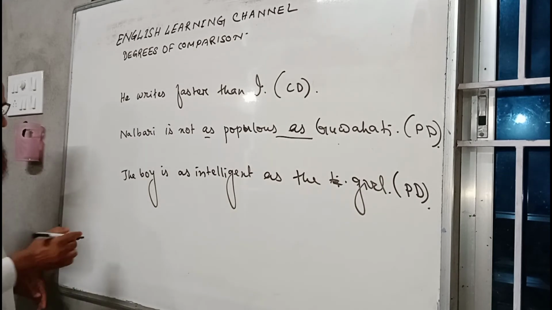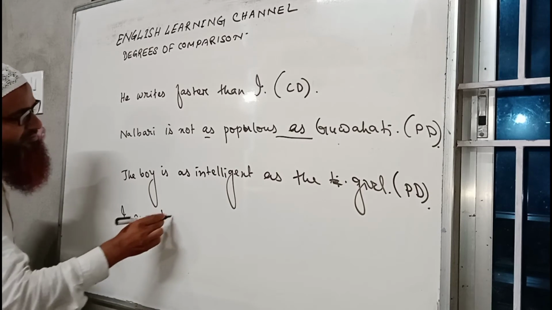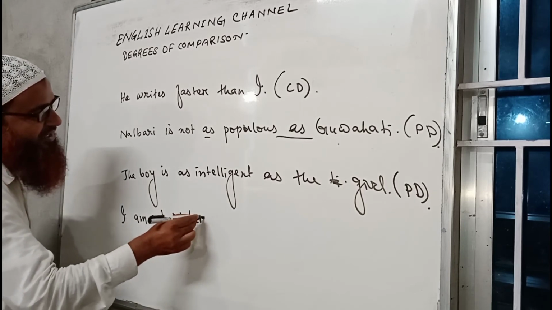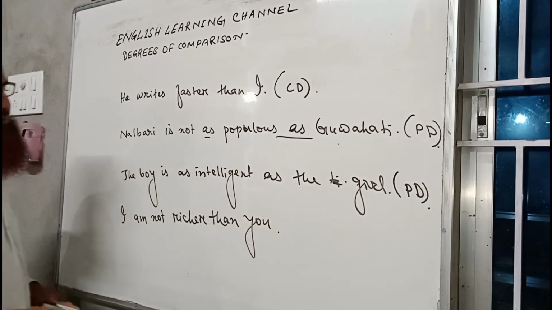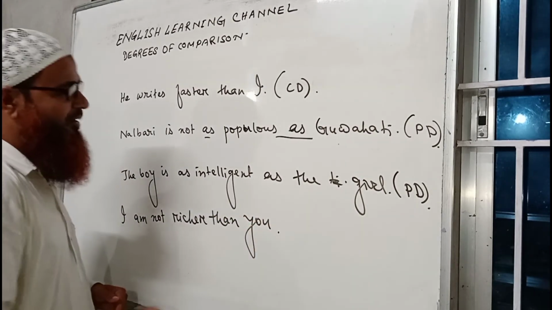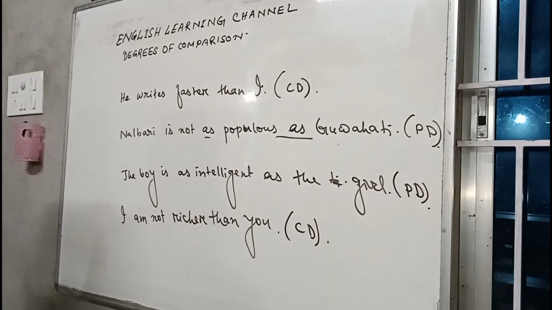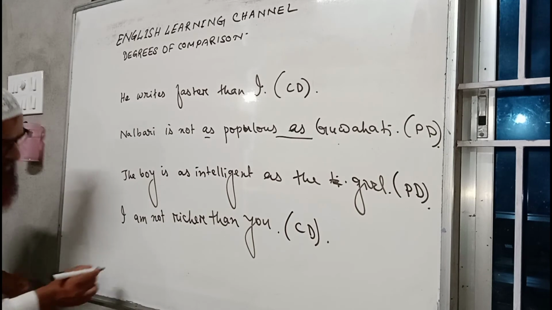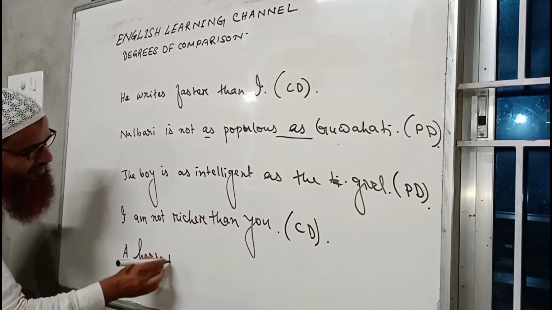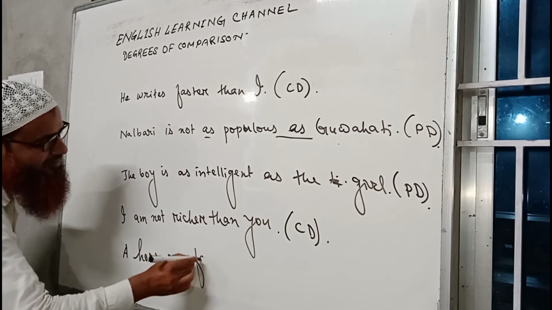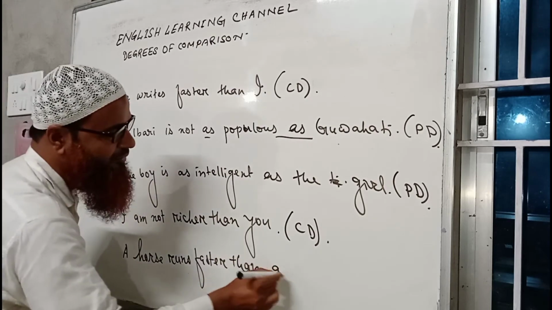Again I am writing: I am not richer than you. This is in comparative degree. So it will be CD. Again, a horse runs faster than a cow.